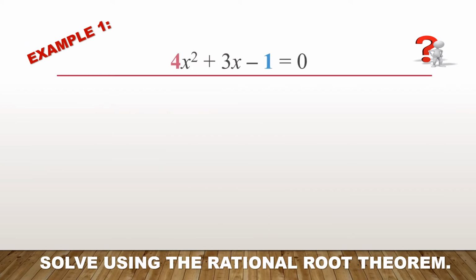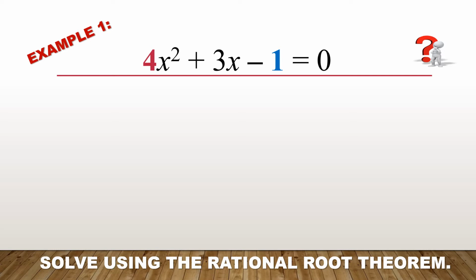Example number 1, 4x squared plus 3x minus 1 is equal to 0. So we're going to solve this by using rational root theorem for us to find the roots and the factors of this polynomial.